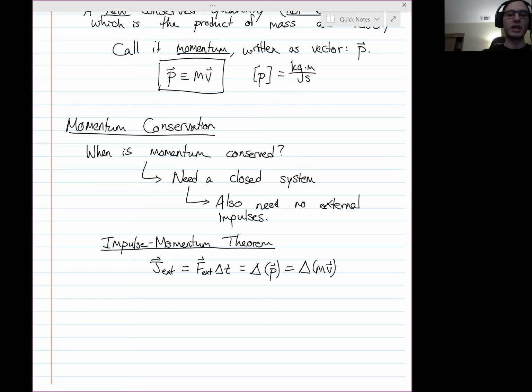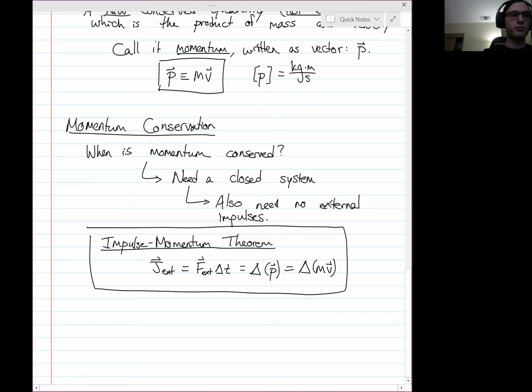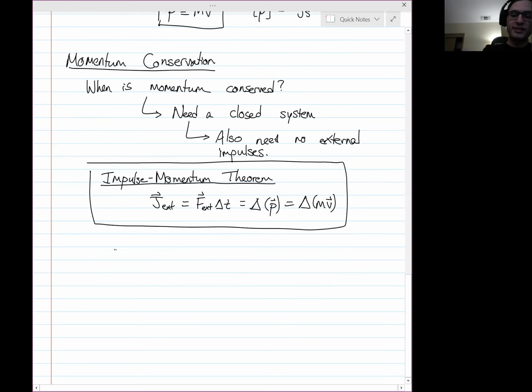Let me get back to that point I was making before on a single object. Let's say that we have some external impulse. We're going to apply the impulse momentum theorem. That means that it's equal to delta mv, which implies that, dividing through by delta t, F external is equal to m times delta v over delta t.